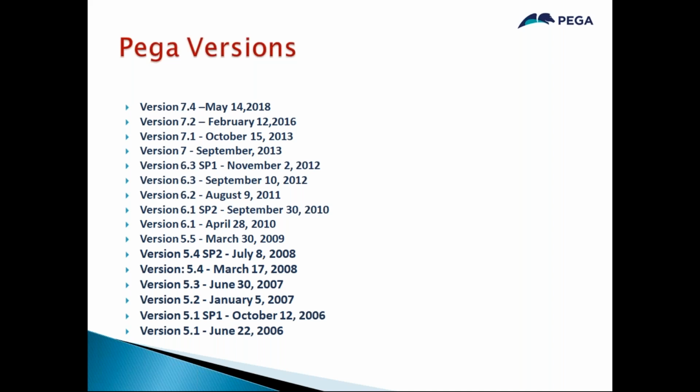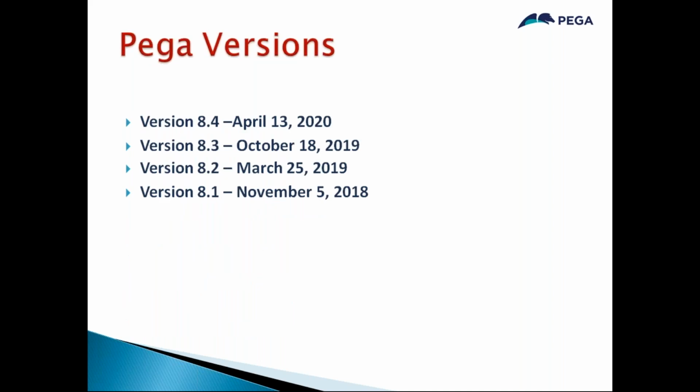Only 1 or 2% changes will be there, and until we work on that particular rule, we cannot identify the changes. But it is easy to work on any version. If you know how to work on one version, it is easy to work on other versions automatically. Anyway, you'll be trained on 8.4, and you can work on any other version if given a chance in real time.